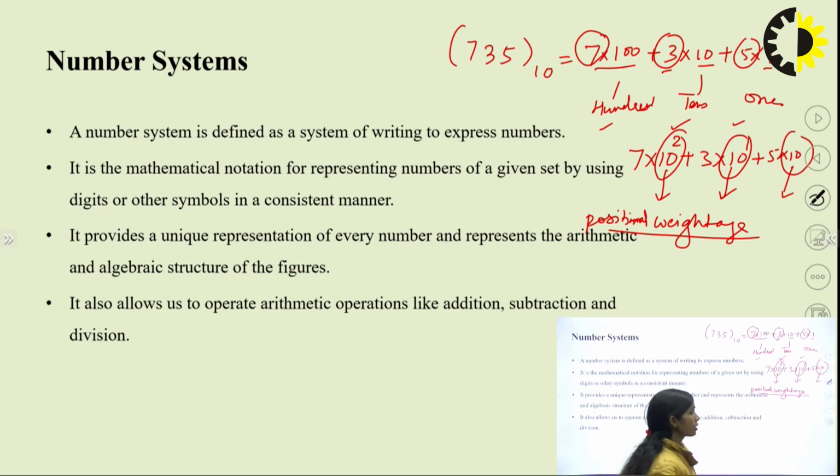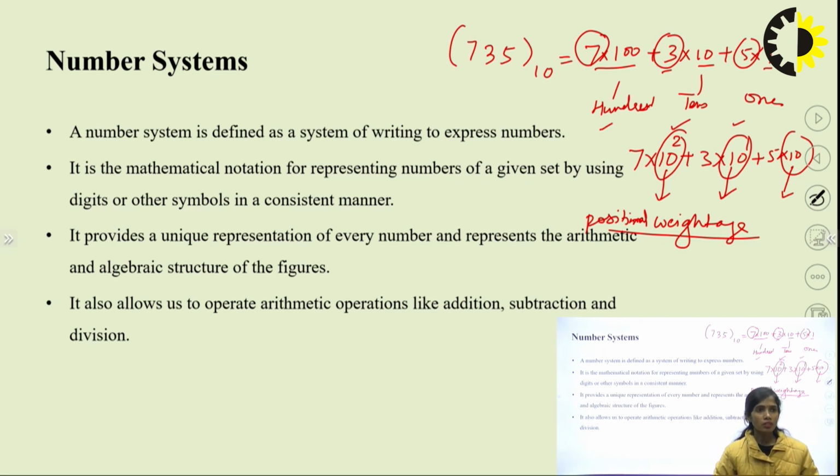In mathematics, a number system is a notation for representing the numbers of a given set by using digits or other symbols. It provides a unique representation of every number and represents the arithmetic and algebraic structure of the figures. Like in the decimal number system, we do arithmetic operations like addition, subtraction, multiplication, division, having certain rules.